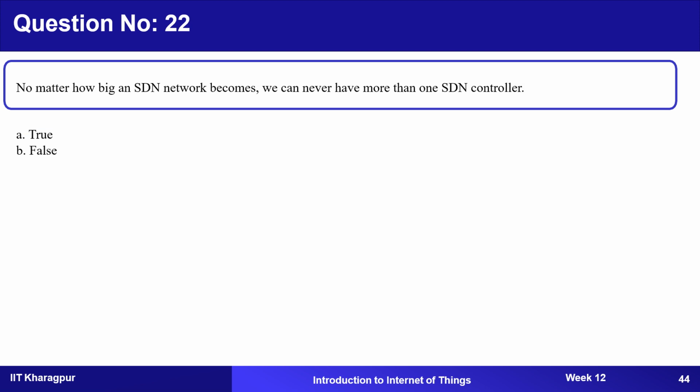Next question is, no matter how big an SDN network becomes, we can never have more than one SDN controller. Is this statement true or false? True, ma'am. True. Anyone else? I'm repeating the statement.